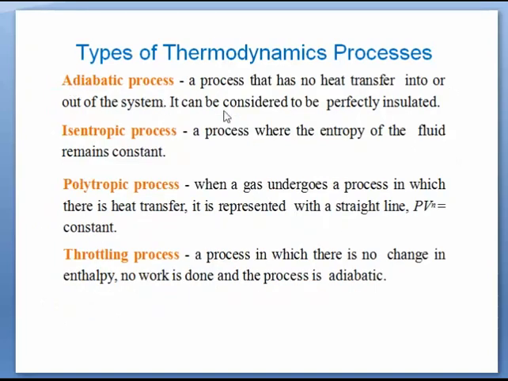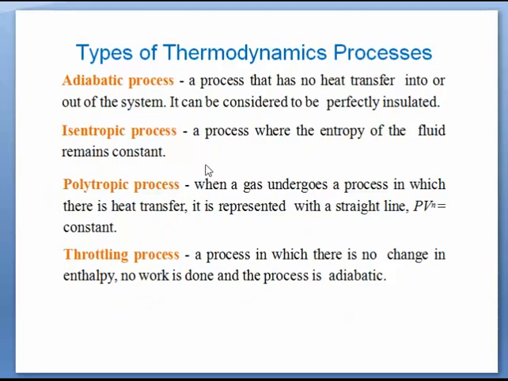An adiabatic process is one where there is no exchange of heat between the system and surroundings. The isentropic process is also an adiabatic process. Apart from no heat exchange, the entropy of the system also remains constant.